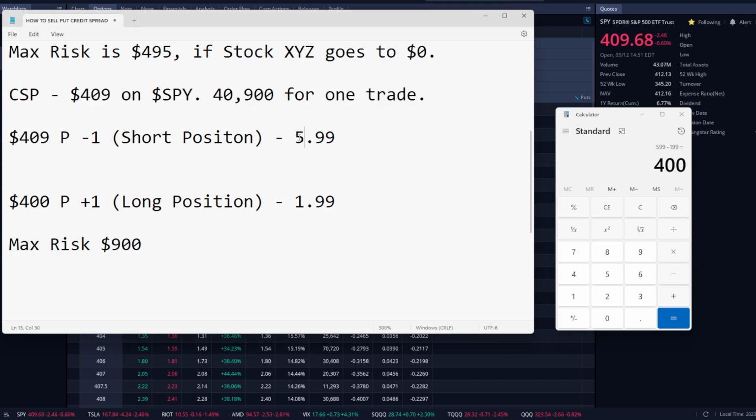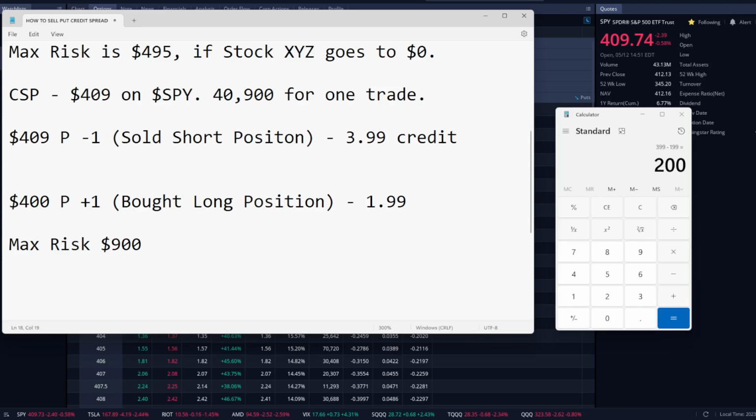Seems like that would be a lot, but it's really out of the money, so let's just say 300. So $3.99 minus $1.99. You're going to get a credit because you have a -1: you sold this short position and you bought this long position. So $3.99 minus $1.99 gives us a $200 credit.